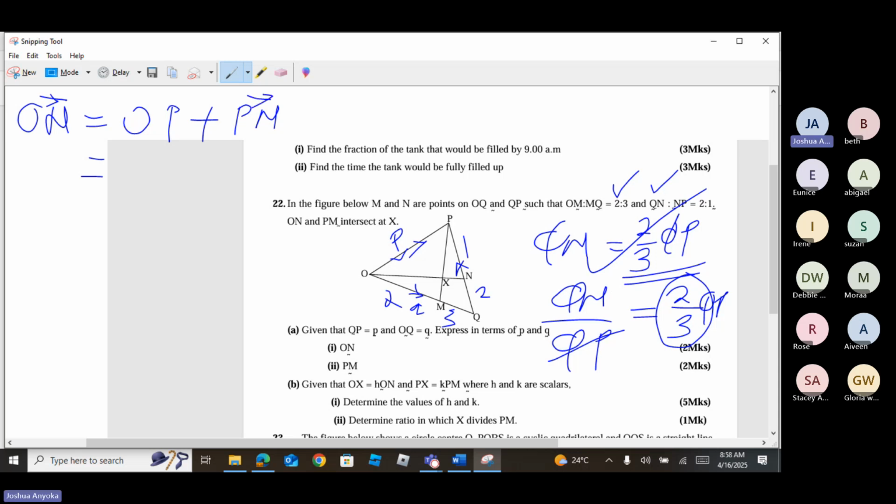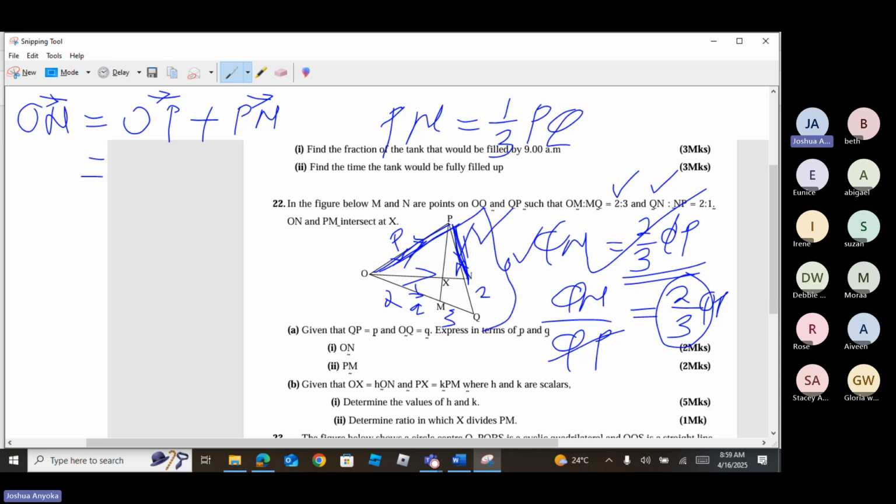PN is equal to 1 over 3 PQ. PN is a fraction of PQ.